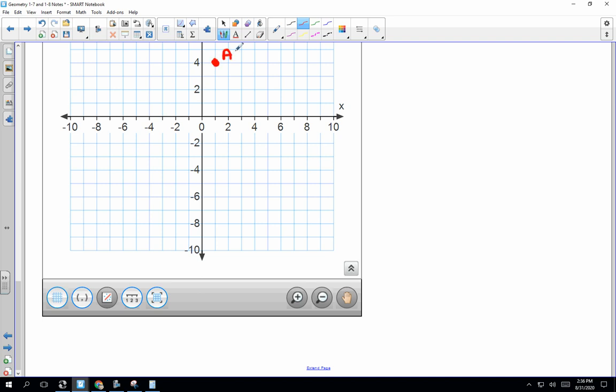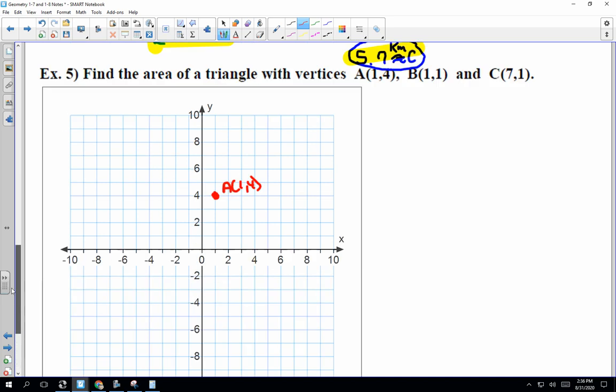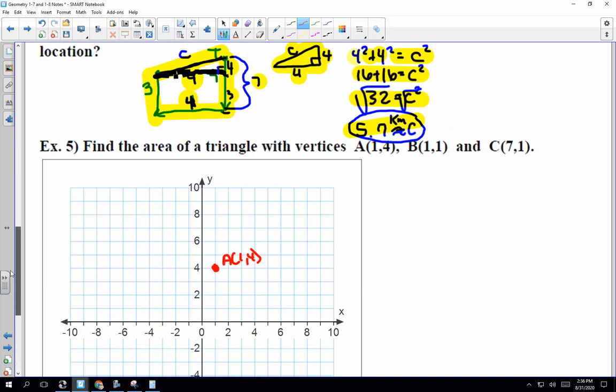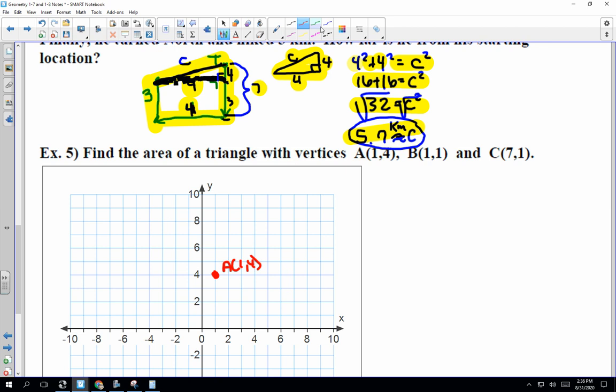Make sure you label it. I know it seems like a pain to label it. B is 1, 1. And C is 7, 1. Over 7, up 1.